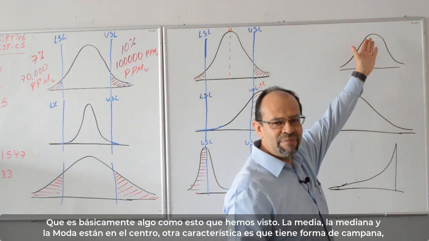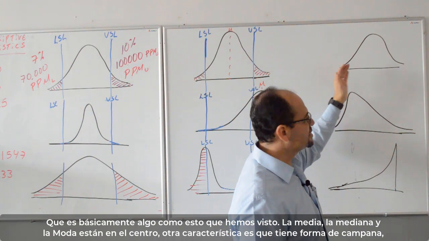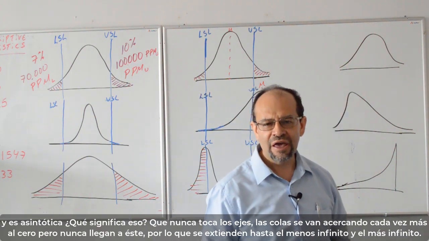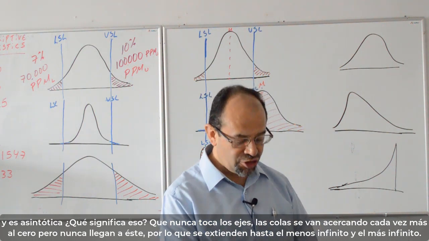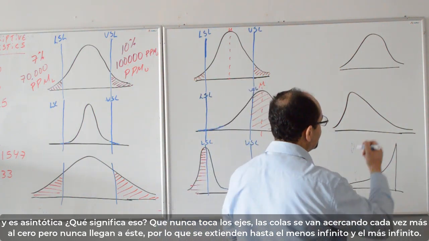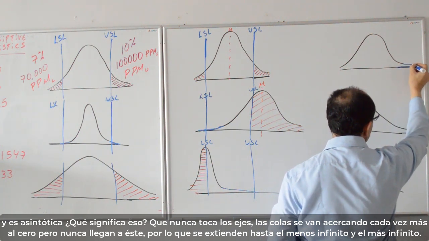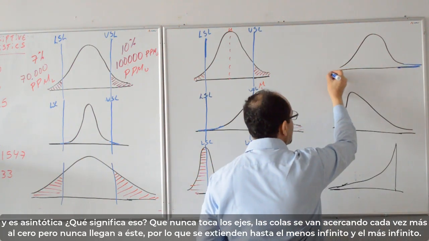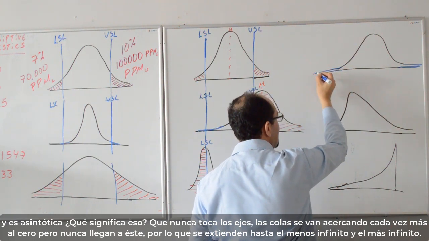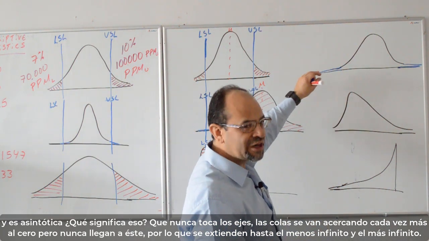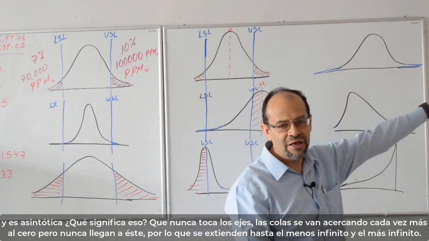The mean, the median, and the mode are at the center, and it is basically a bell shape. Another characteristic is that it is asymptotic. What does asymptotic mean? This tail never touches the axis of zero. It gets closer and closer, going to minus infinity and to plus infinity.